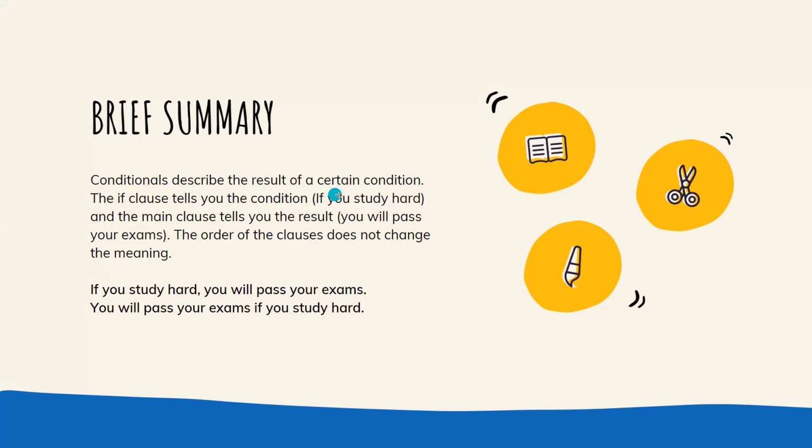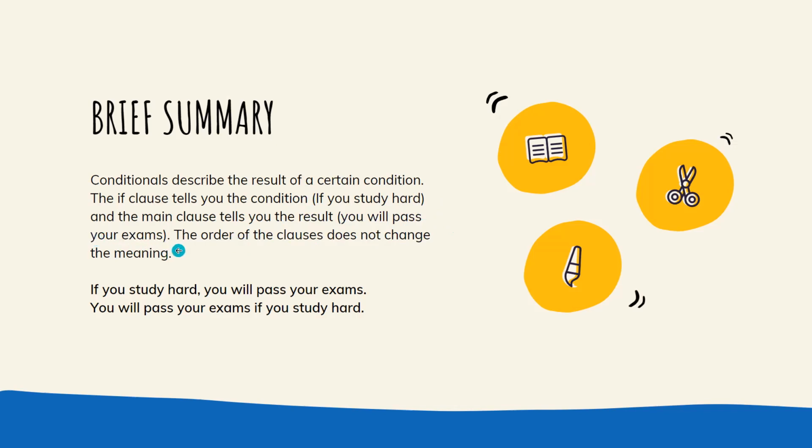For example, if you study hard, it's a condition, right? I mean, the person might not be studying so hard, and someone else, let's say Mr. John, is told, if you study hard, you will pass your exams. You see, we have here the first clause, which is the condition clause, and we have here the result clause: you will pass your exams.